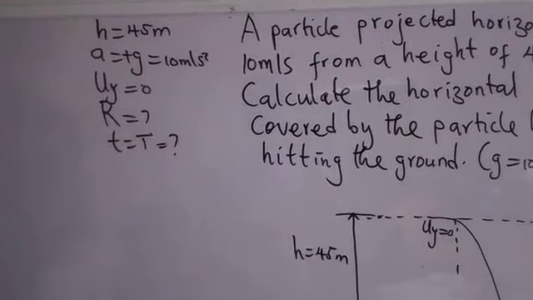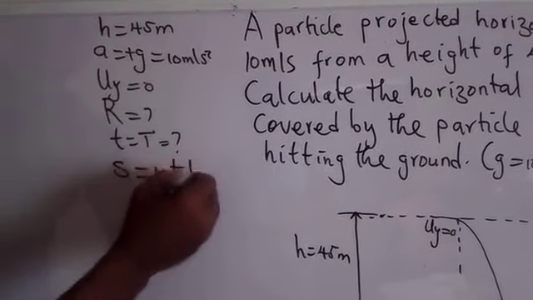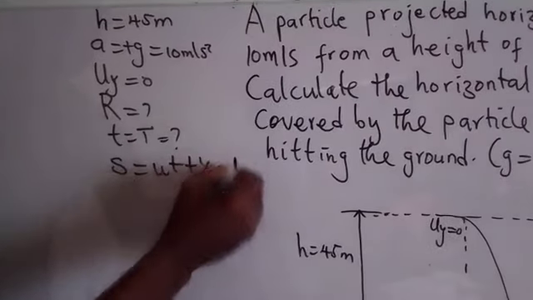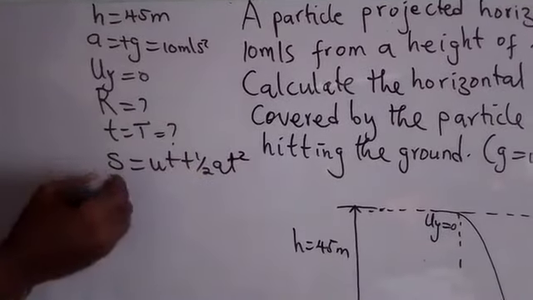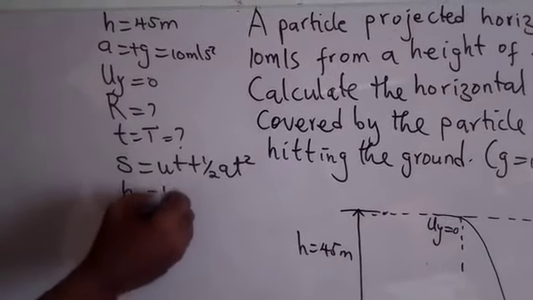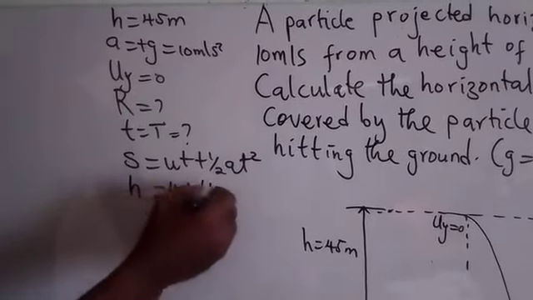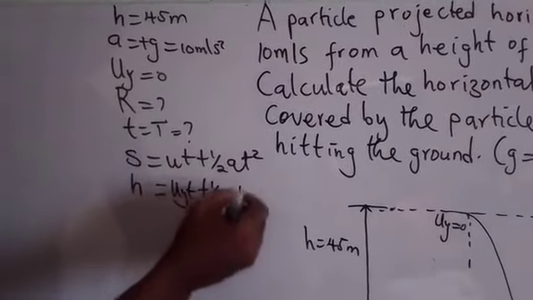We need it. If we use s equal to ut plus half at squared, right? This s becomes the height from where the object was released. Then the uy for the vertical movement, ut plus half gt squared.